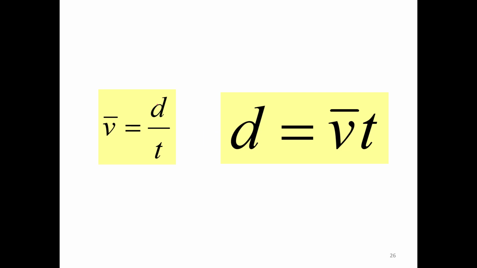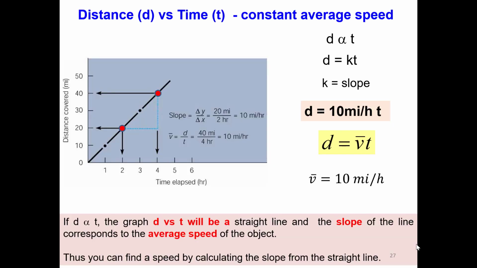We know this is one of the equations we can use to describe the motion of the car or any object. The average velocity equals distance over time, and if we multiply by t on both sides, we can get this equation. We did this one in several examples. Then we can write this equation as distance equals average velocity multiplied by the time.